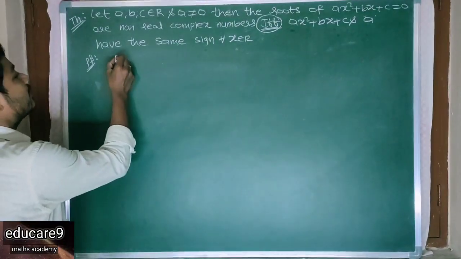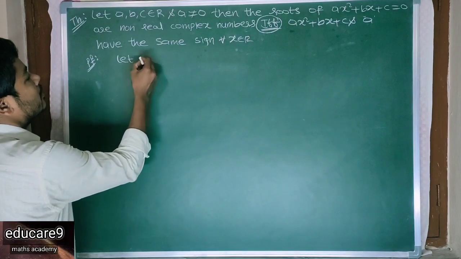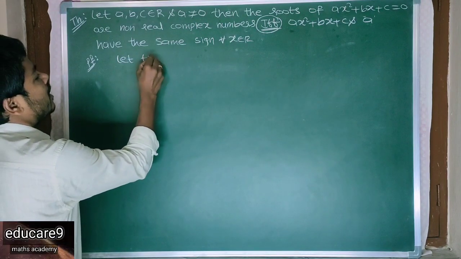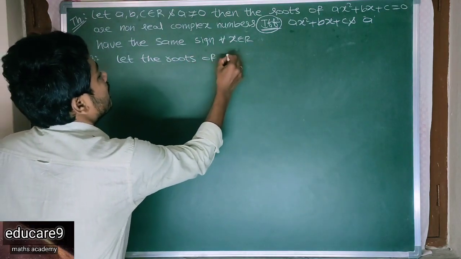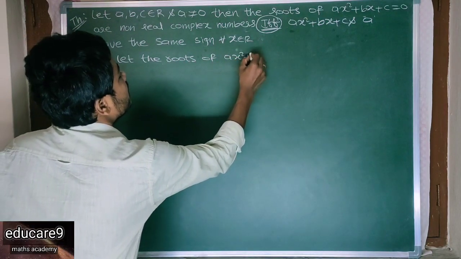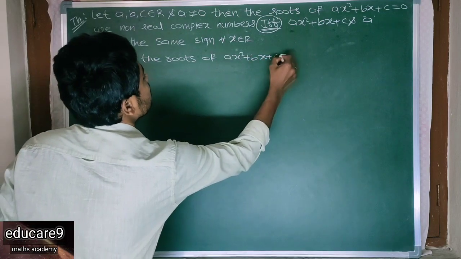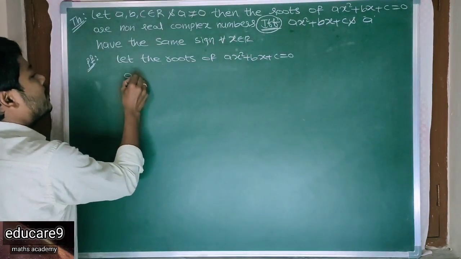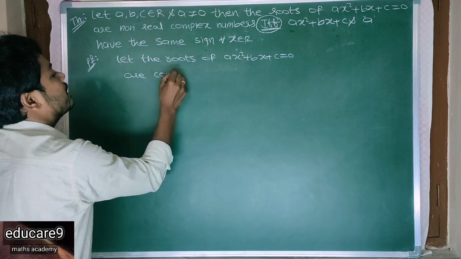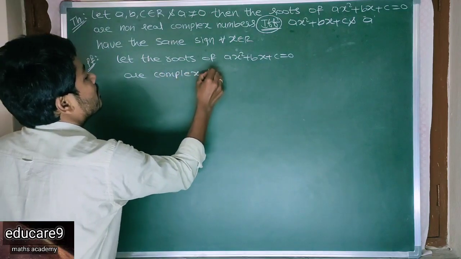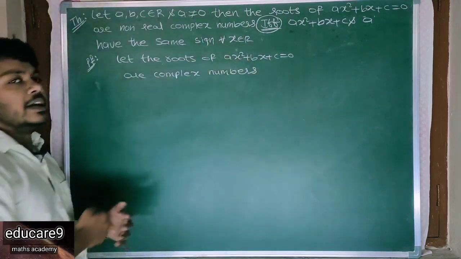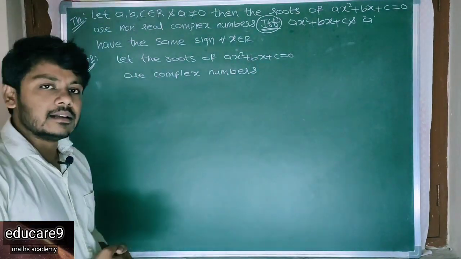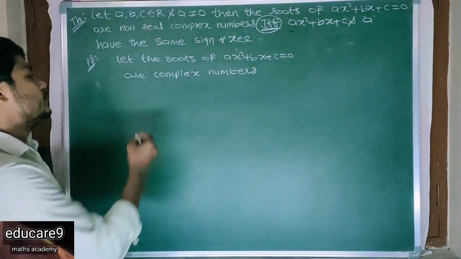So first, let the roots of ax square plus bx plus c equals 0 be complex numbers. So delta is less than 0.